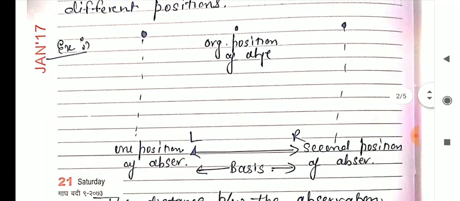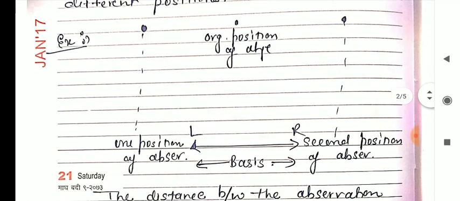Now we will understand by an example. This point is the object which we are going to see, and this is our left observation point and this is our right observation point. This is the original position of the object.